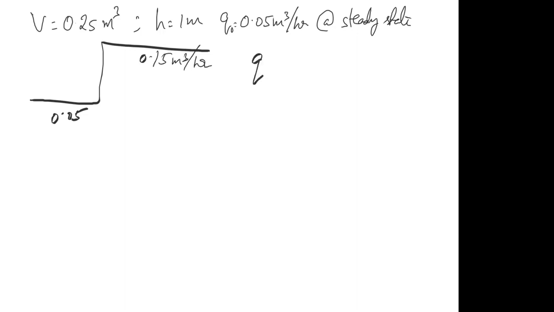The outlet flow rate is linked to the height of liquid level in the tank as Q equal to 0.1 H.